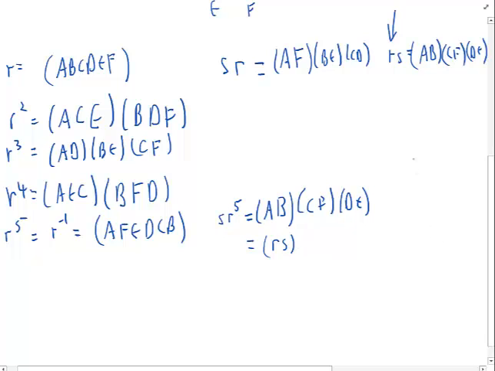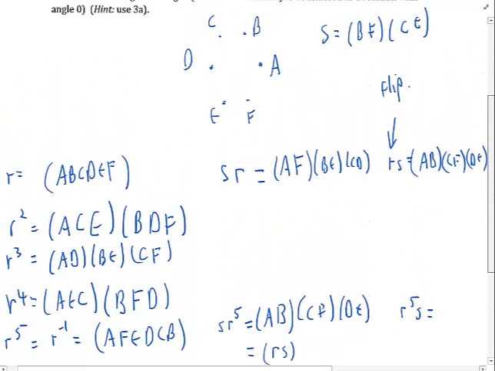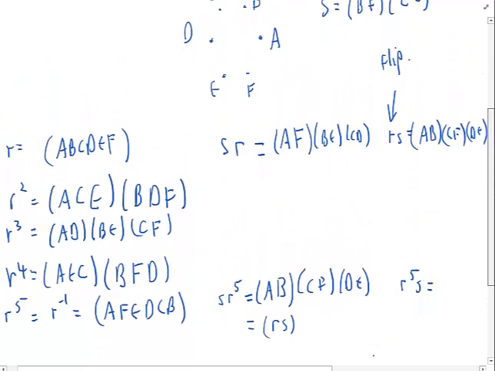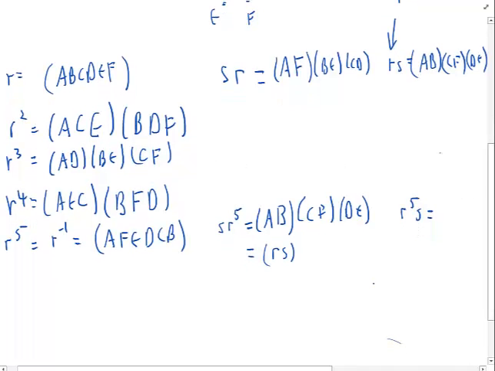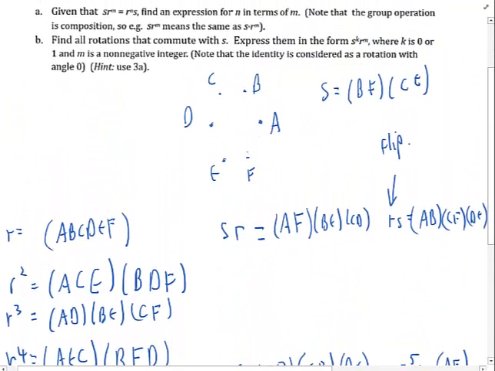And let's look at R to the fifth S. Again, we're doing S first, so S doesn't take A to anything, and R to the fifth takes A to F. So this is going to be the flip that takes A to F. Now, in this case, the flip that takes A to F is around the axis through the midpoint of AF.